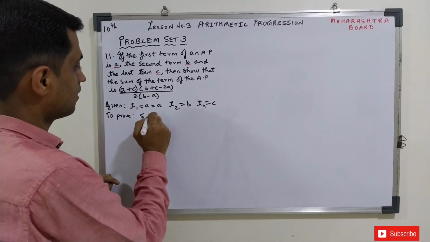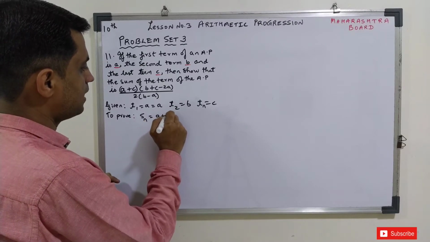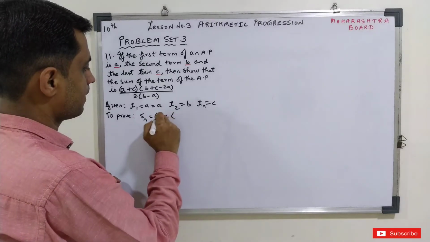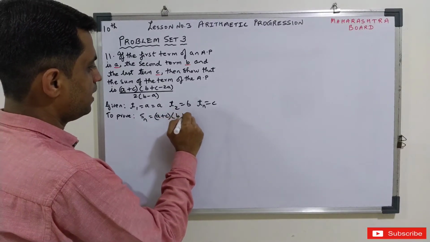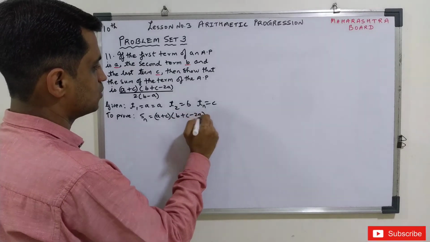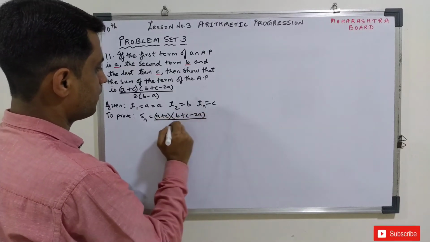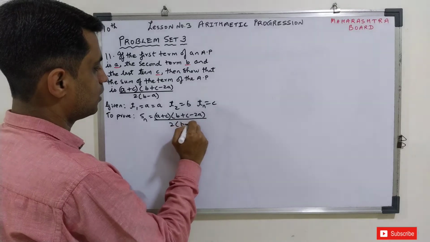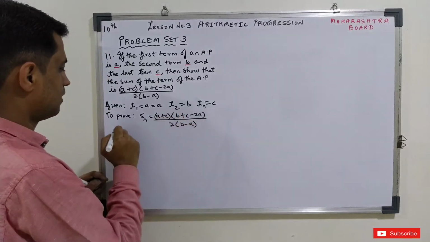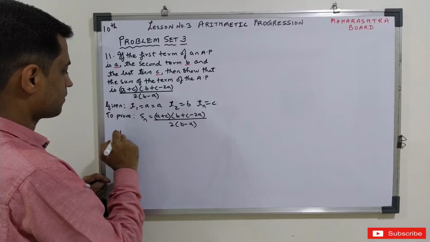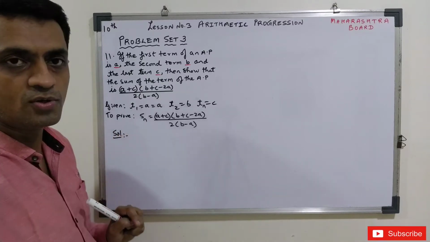Sn. Sn is equal to (A plus C)(B plus C minus 2A) upon 2(B minus A). This we have to prove. Solution.